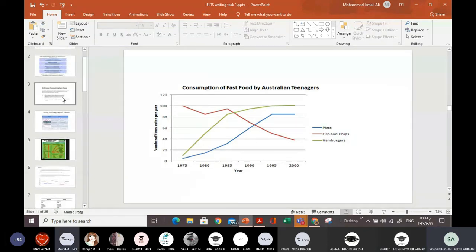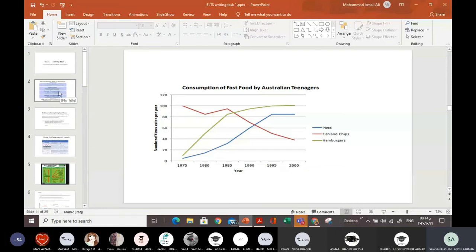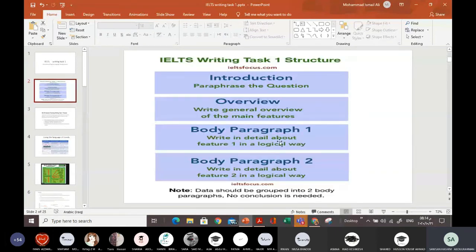Let's come again one by one. There is an introduction, paragraph number 1, paragraph 2, and the overview, which is not called conclusion. So how many paragraphs do we have? 1, 2, 3, 4. Okay, 4. And they ask you to write about 150 words.